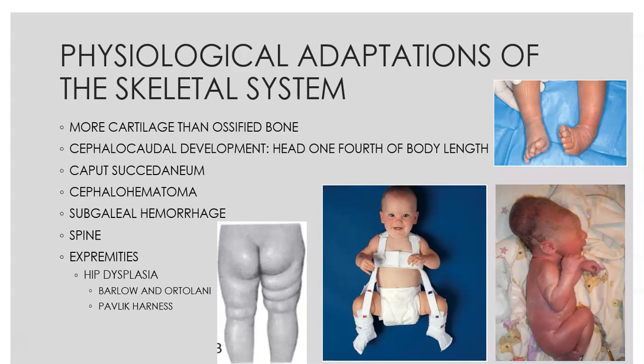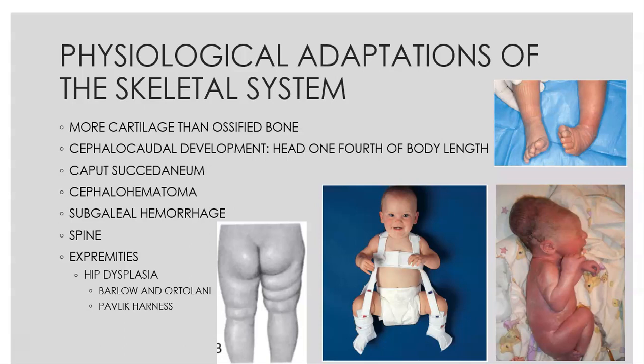through the birth canal. You can get things called a caput succedaneum, and you'll see this with vacuum births sometimes. This is where it crosses the suture lines of the baby, and it's just fluid sitting in between those layers, and it will reabsorb within a couple days.